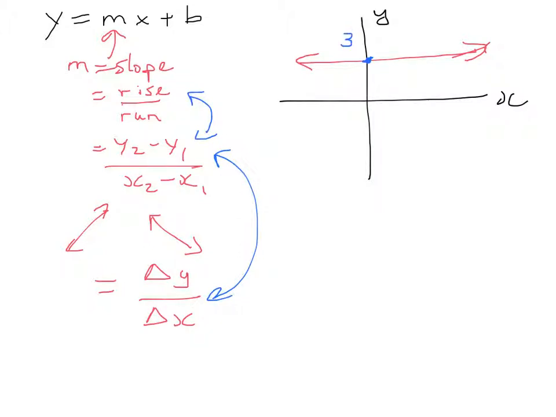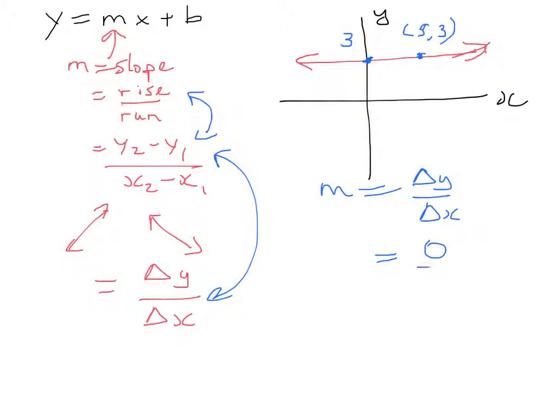Now if we have a slope that is 0, if we pick 2 points on our line, that first one is at (0, 3). This one could possibly be at (5, 3). If I were to calculate the slope with my slope formula, delta y over delta x, or the change in y over the change in x, between the points, I'm rising nothing.